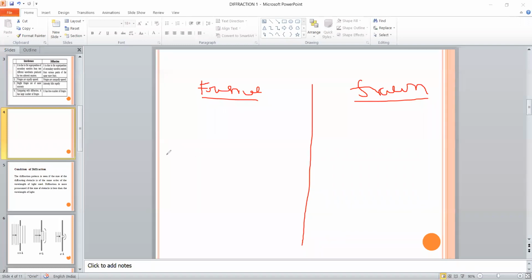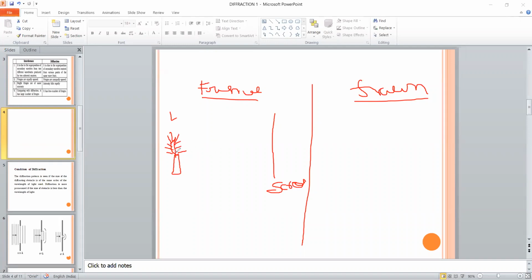In case of Fresnel, let us take a candle. So light waves are emitting from this candle. That means it is the source of light. So this is the screen.